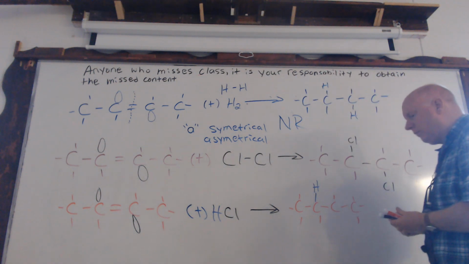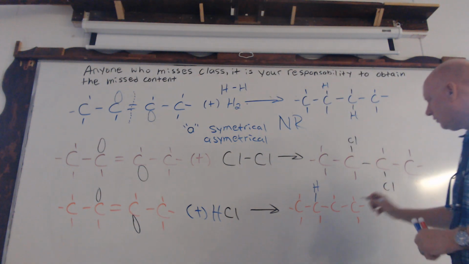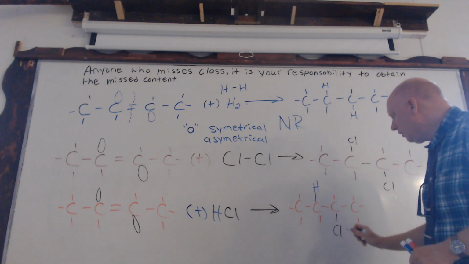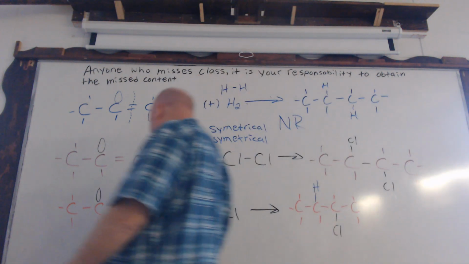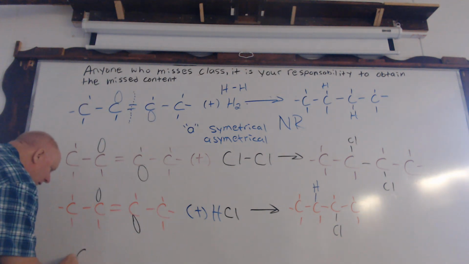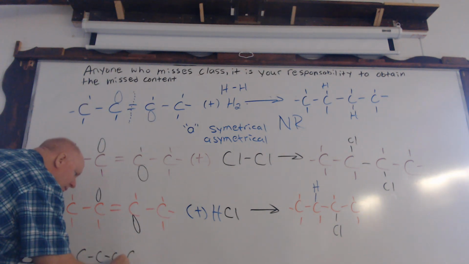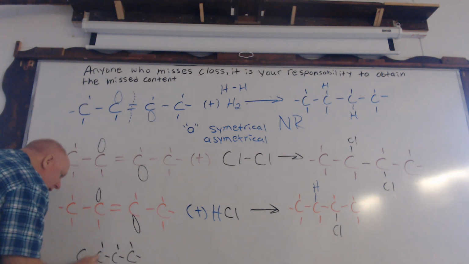Then on the third one, you put your Cl on. Okay? Because this gets to be a little more tricky. Because remember from last chapter, if you had this, is why we wanted you to practice this.